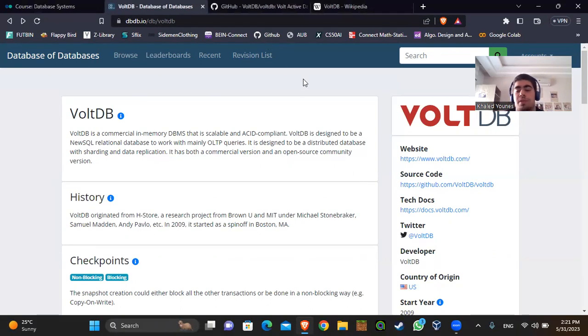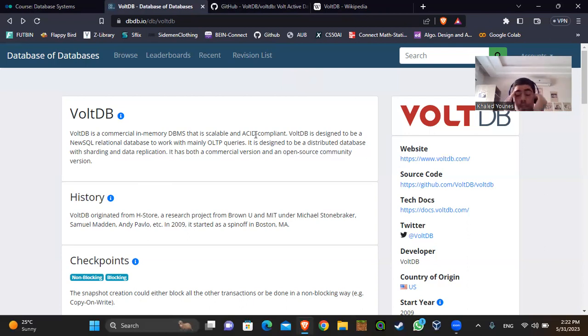So VoltDB is one of the types of NewSQL databases, which is scalable and ACID compliant. ACID compliant means it complies to atomicity, concurrency, isolation, and durability.